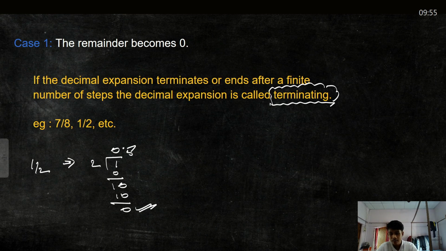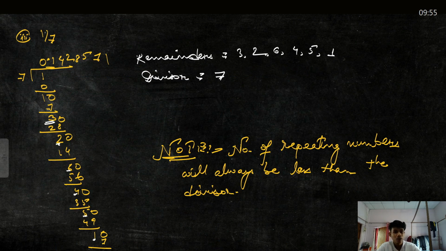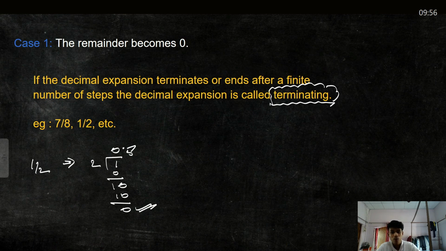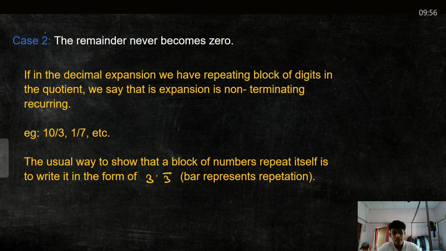We have seen this in the example 1 by 7. Here we have a repeating block of numbers in the quotient. After an interval of 6 digits, these numbers repeat again. This type of decimal expansion is called non-terminating recurring.